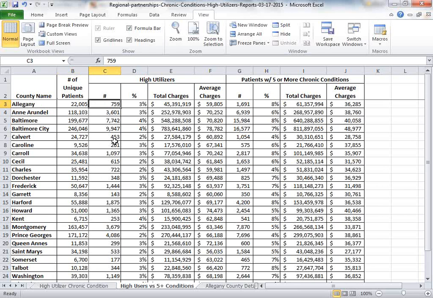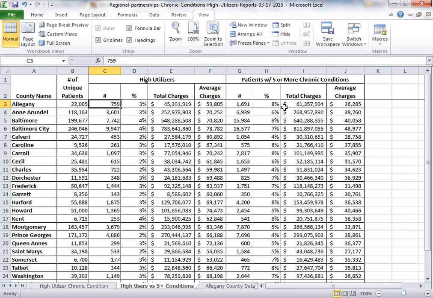Of those, I apologize. So then you have the high utilizers. Again, those are people with 3 or more inpatient stays, so there are 759 of those, or 3% of the unique patients. And the total charges and the average charges for those patients are here.